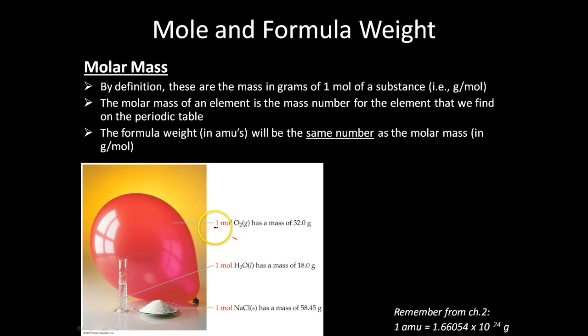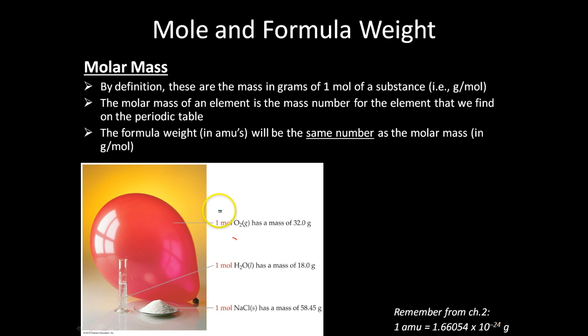So if we have 1 mole of oxygen, we have 32 grams of oxygen. If we have 1 mole of water, we have 18.0 grams of water. If we have 1 mole of sodium chloride, we have 58.45 grams of sodium chloride.